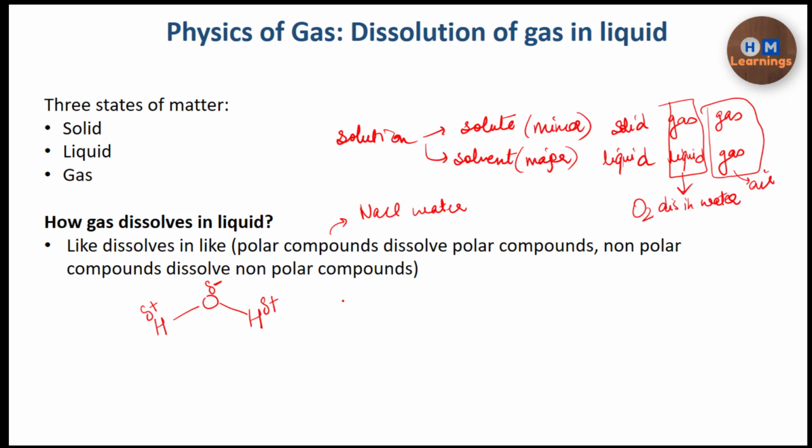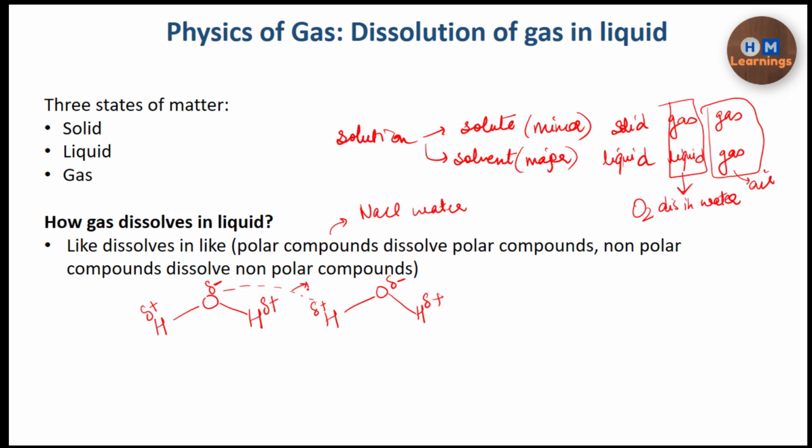Likewise, when dealing with water, there will be many water molecules. Suppose there is another water molecule here. It also has a partial positive and a partial negative atom. So how will it make a bond with this one? This is negative, this is positive, so it is going to make a hydrogen bond.